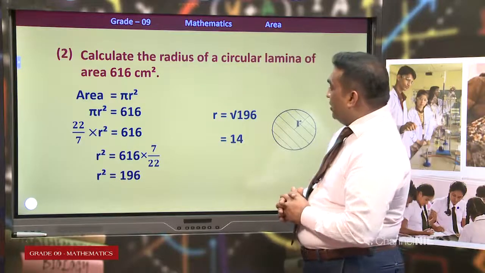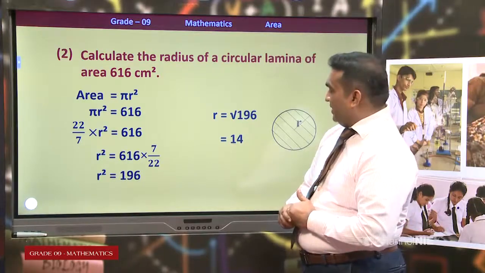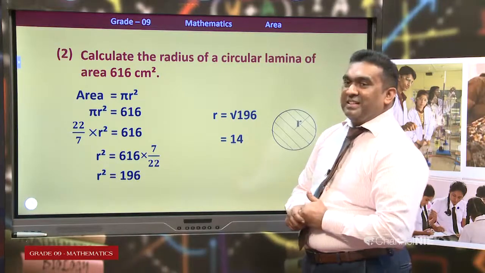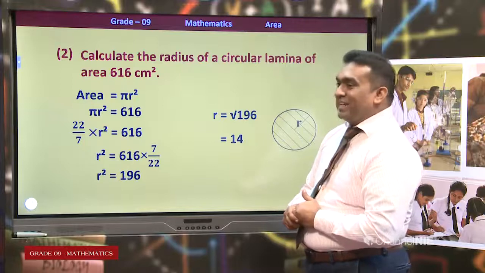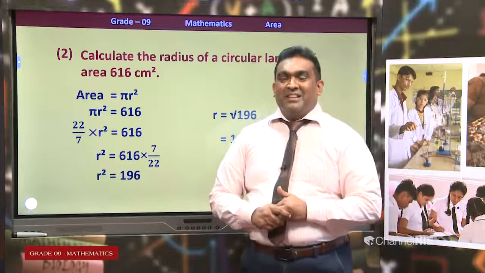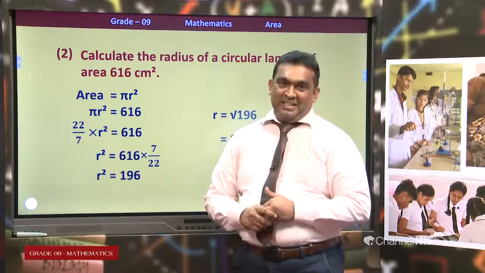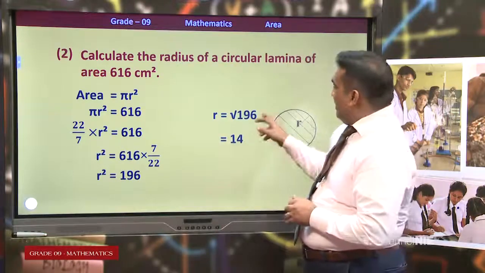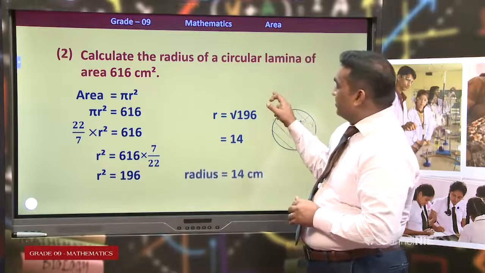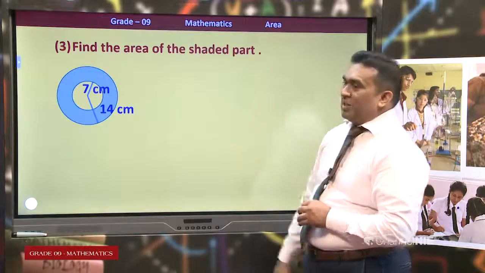Therefore, the square root of 196 is 14. The radius of the circle is 14 centimeters. Can you understand it? Find the square root of both sides, right? Radius is 14 centimeters.